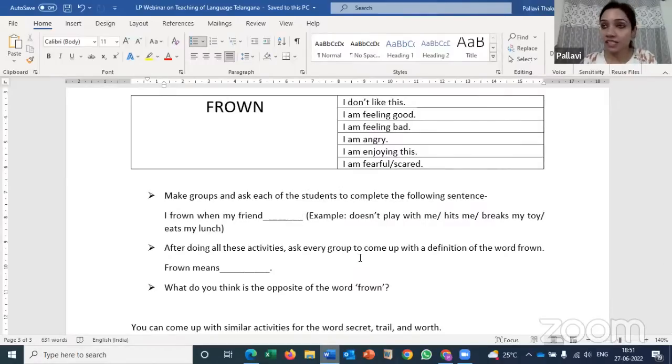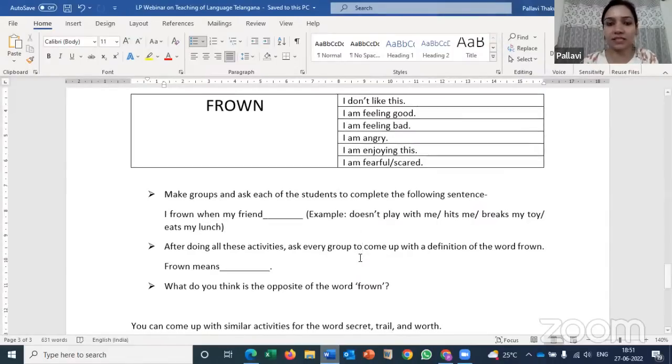It might happen that in your class, they might not be able to complete this sentence in such a way that it is grammatical. They might end up using some words from their home languages. And as I've been saying, that should be acceptable. Let them engage with the concept that this word represents.